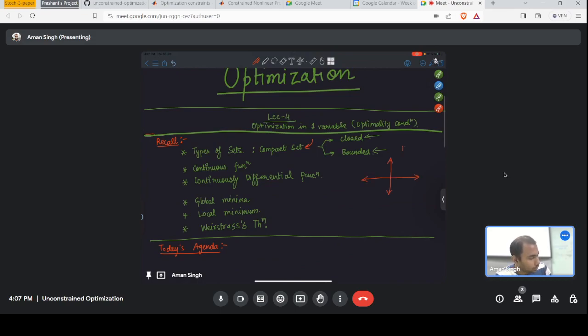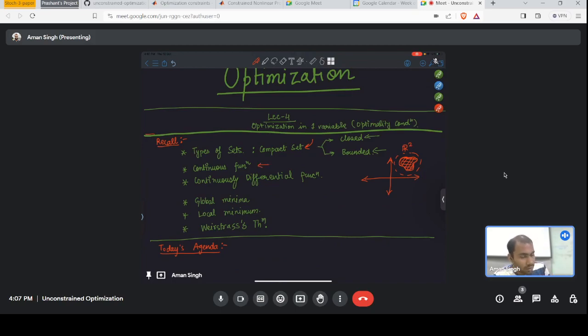In R square space, every set that contains all the points and the boundary points, and is bounded, so that it can be contained in a norm ball, is closed and bounded, and hence it is compact.